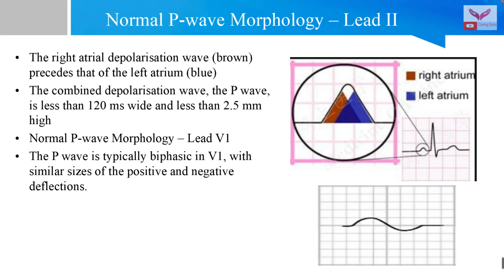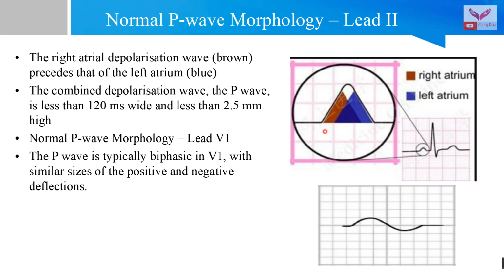Coming to the normal P wave morphology in lead 2, as shown in the figure, this is the right atrial depolarization. This is the brown one. It precedes the left atrium. The left atrial depolarization is shown in the blue. The combined depolarization wave, that is the P wave, this is the complete P wave, is less than 120 milliseconds.